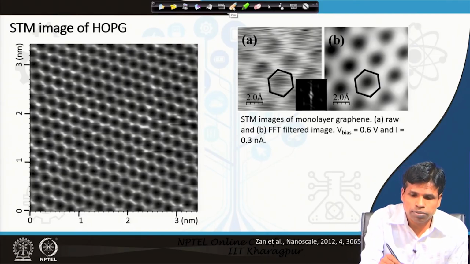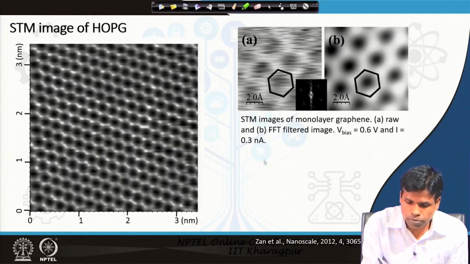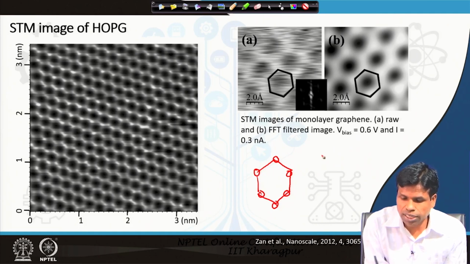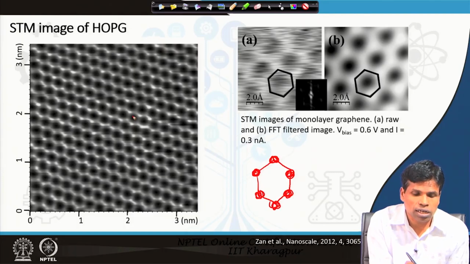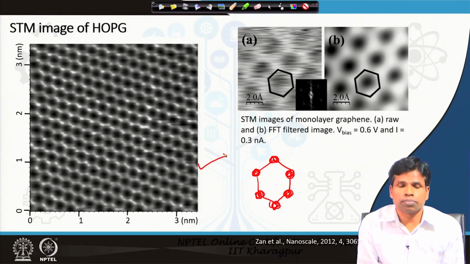When at one particular place, let us say it is a hexagon, we have six carbon atoms, so whenever it sees a carbon atom, the tip scanning at this carbon position will see a higher current, and that current is plotted and used for getting this topographic image clearly showing the hexagons of the graphite HOPG.